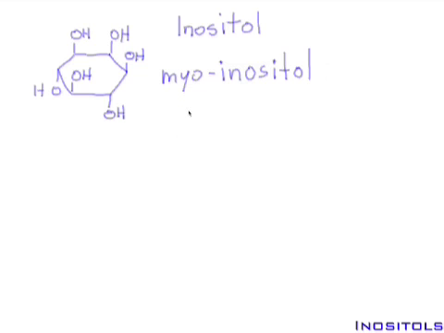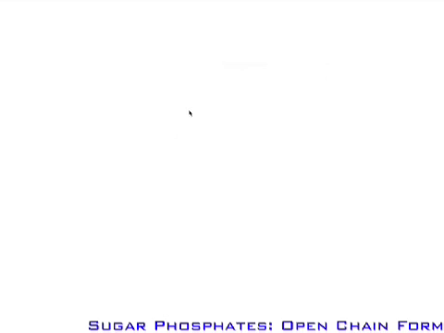Now, another very important derivative of sugars are the phosphoric acid esters, the sugar phosphates.